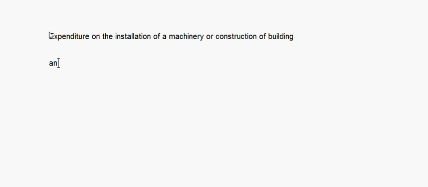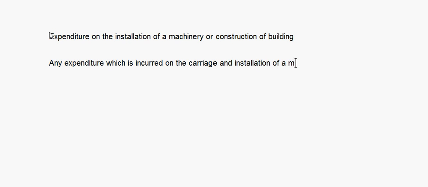the rule that you should understand is any expenditure which is incurred on the carriage and installation of a machinery. The examples of this include wages or freight charges paid for the installation.